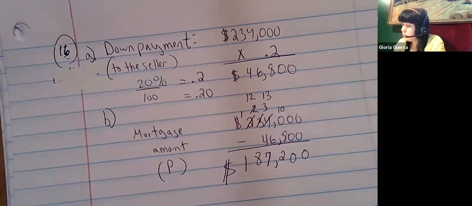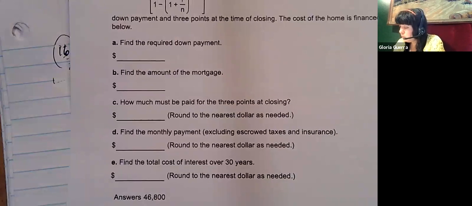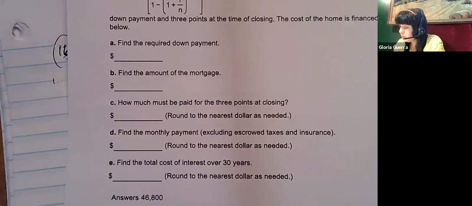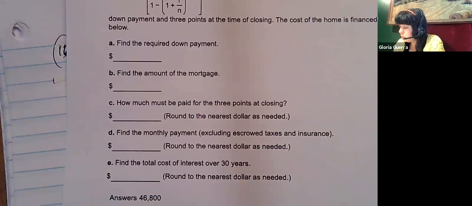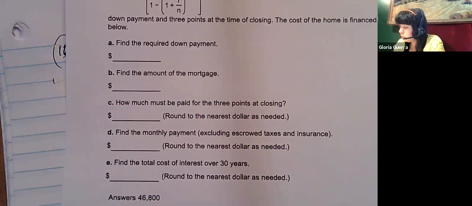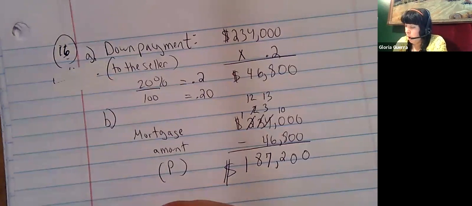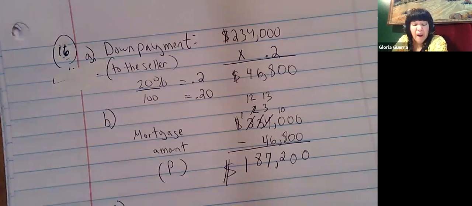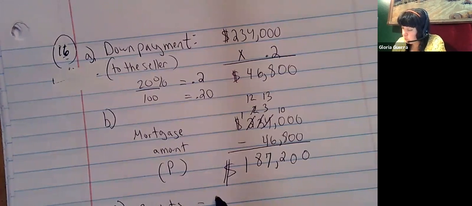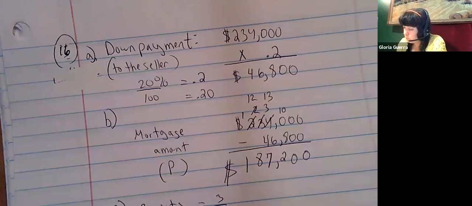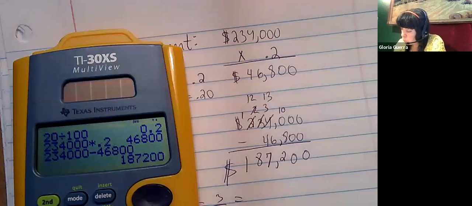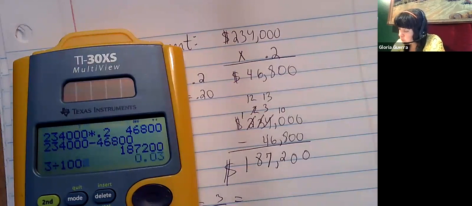Okay, and then C is how much must be paid for the 3 points at closing, rounded to the nearest dollar if needed. So 3 points is 3 divided by 100, which is 0.03.